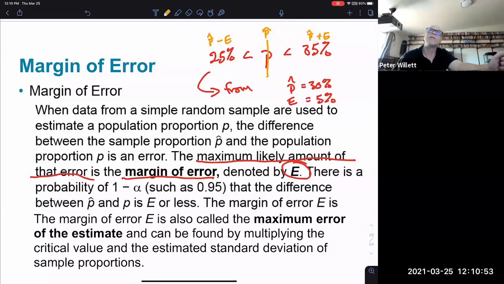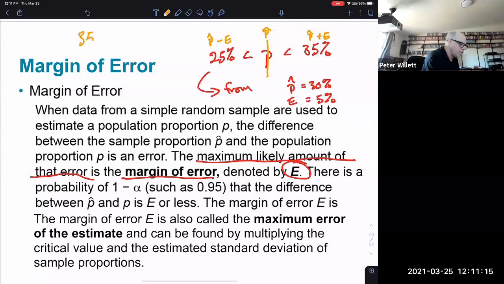So one of the ways that intervals are sometimes given is with the margin of error and the point estimate. And this is how you will see it often given in news articles or magazines or on TV or on webcasts or whatever. They'll say, well, based on our sample, we predict that the proportion of students at DVC who call themselves Democrats is 35%.